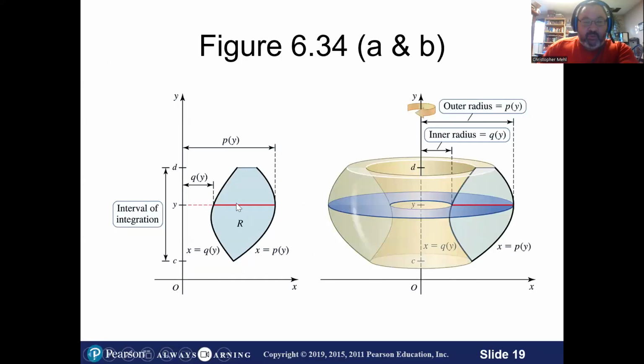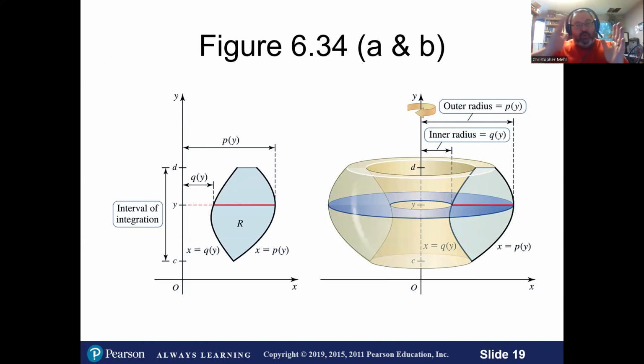Okay, so now we have a region bounded on the upper side, that would be on the right, by a curve, say P of y, and bounded on the lower side, on the left, by a curve Q of y.